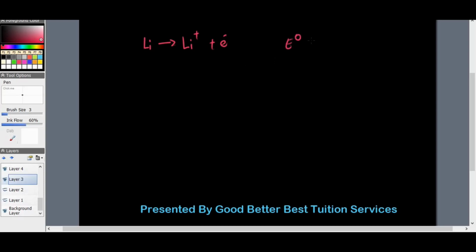This one, lithium, has an electrode potential of minus 3.04 volts. So this is a large negative electrode potential. It's fairly large because it's 3 point something.